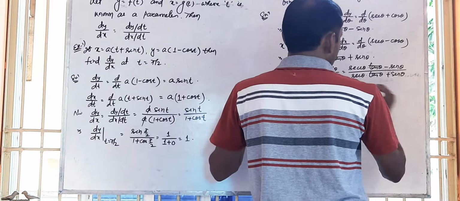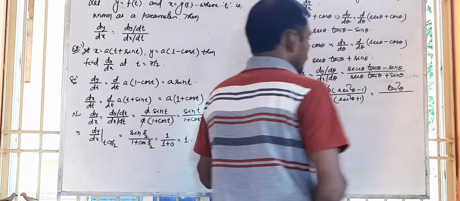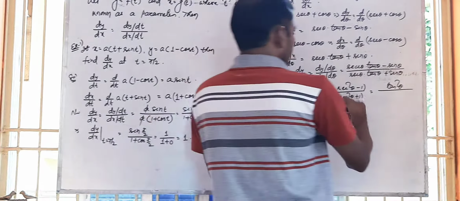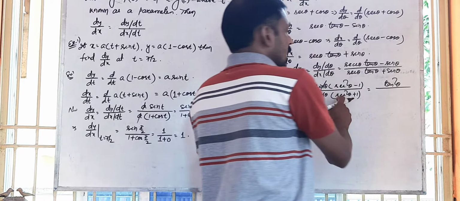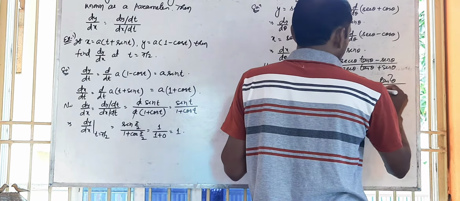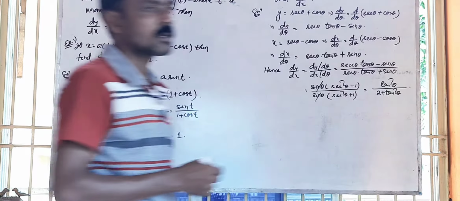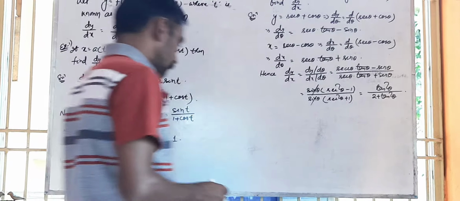Sin theta cancels. Sec square minus 1 is tan square theta, by sec square, which is again 1 plus tan square, so you can write 2 plus tan square theta.